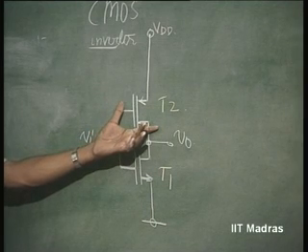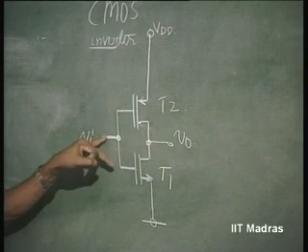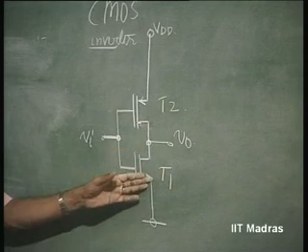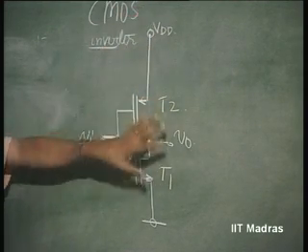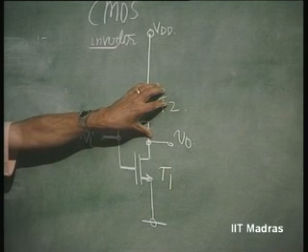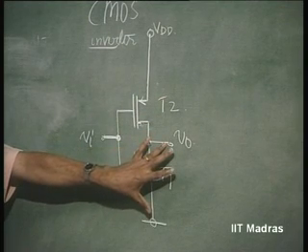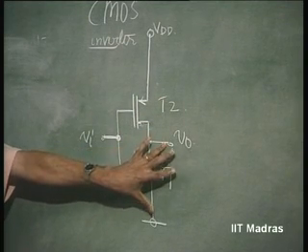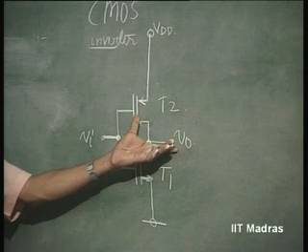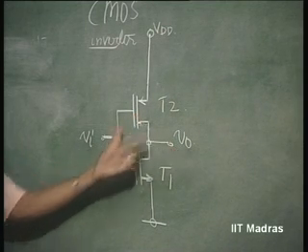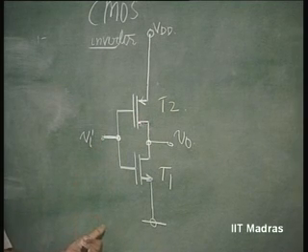T2, because Vi is less than Vt, no current is flowing through this. As far as T2 is concerned, this voltage is going to be extremely small, the drop across this. V naught is going to be very nearly equal to VDD. T2 is going to be in the triode region. Please see, Vi is connected to, let us say, ground, 0.